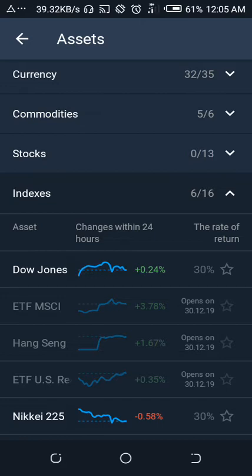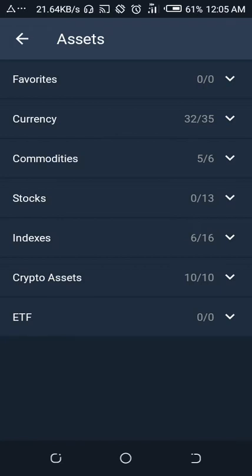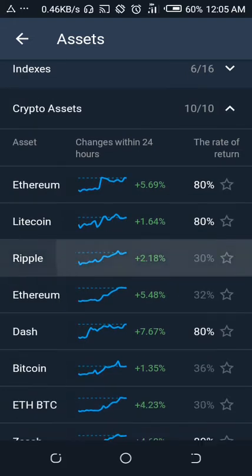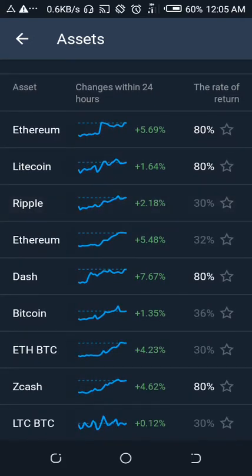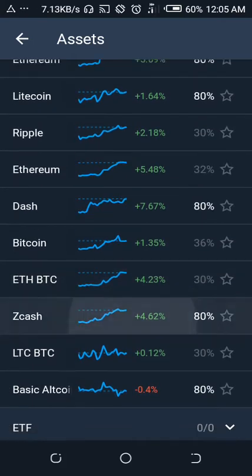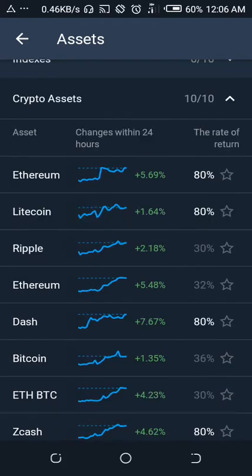At the same time, you can also trade on crypto assets. These are the crypto assets on Trade: Ethereum, Litecoin, Ripple, Dash, Bitcoin, Zcash, XBTC, Basic, Altcoin. These are the list of the cryptocurrencies.